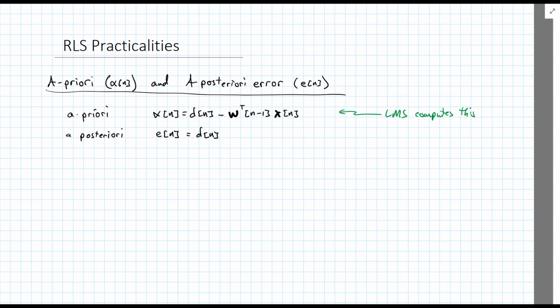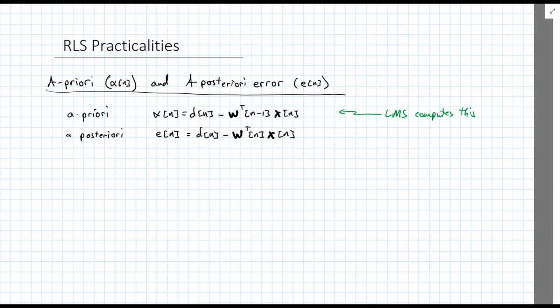And then we have the error that we defined that we're trying to minimize, and that's based on our current weights after we've done the update times x of n.